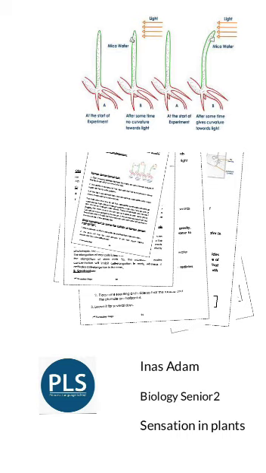Now, dear students, let's study Boysen-Jensen's experiment together. He subjected a young coleoptile plant to light from only one side. Then he observed curvature of the stem towards light.